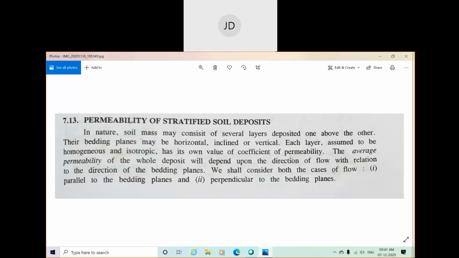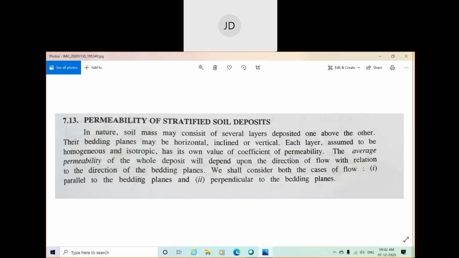When we discussed in the last class the factors affecting permeability, we discussed that in a stratified soil the coefficient of permeability, that is the average coefficient of permeability, depends on the direction of the flow of water. That means if the direction of flow of water is parallel to the bedding plane, or parallel to the layered soil or stratified soil deposit, then the average coefficient of permeability is, say, K1.